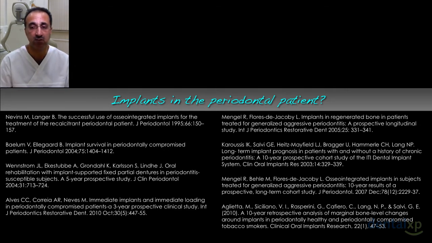Particularly if we look in the Rasparini study, co-workers, they looked at a comparison between healthy and periodontal patients, non-smokers and smokers. And of course, as you would expect, healthy patients do the best, smokers do the worst, and the periodontal patient with smoking is the very worst.